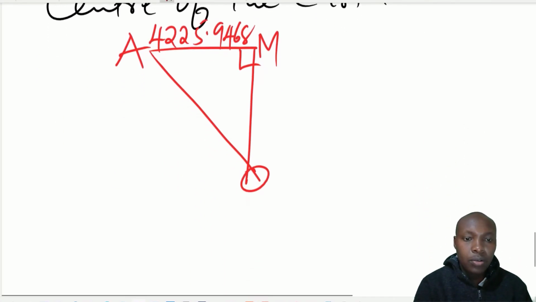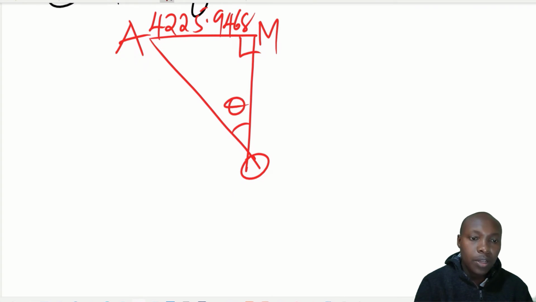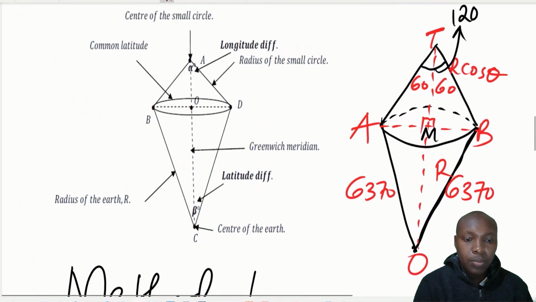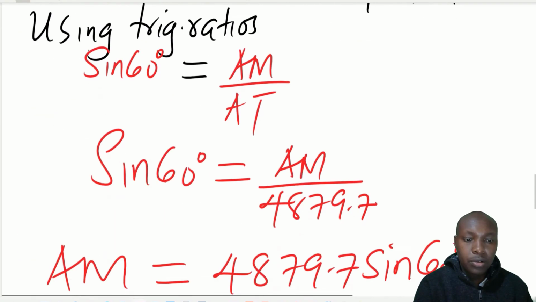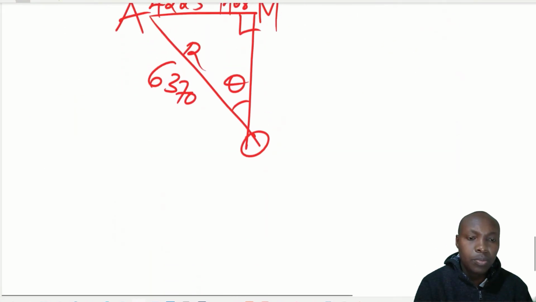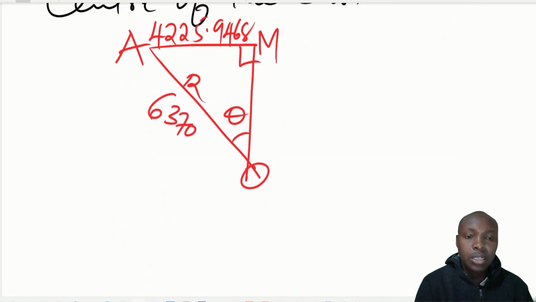We need that angle, and to get the whole of that angle, we just need to multiply by 2. So the radius of the great circle OA is 6370. Upon drawing that diagram, now we can use, I think to get that angle, we need to use sine.